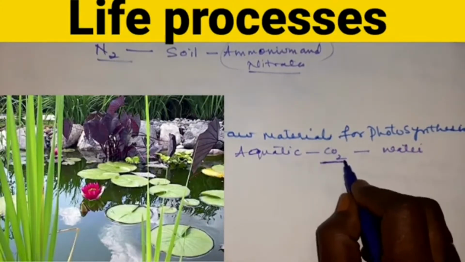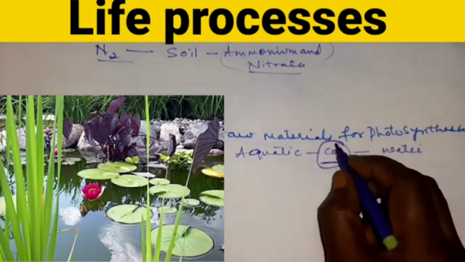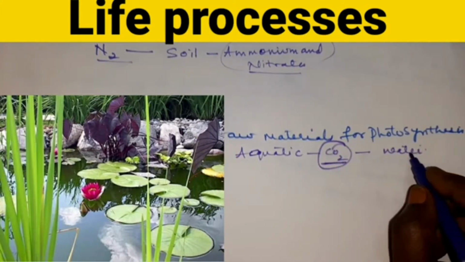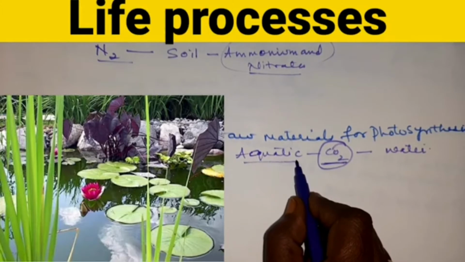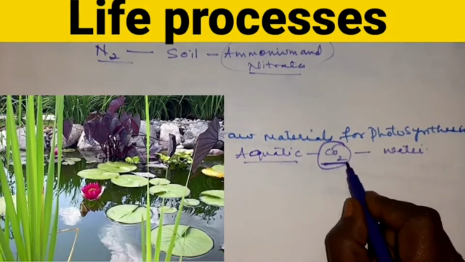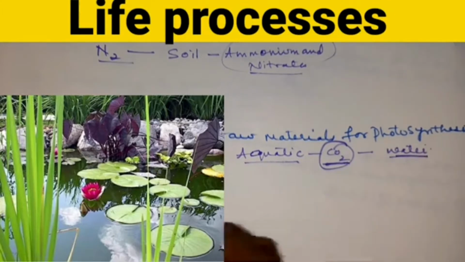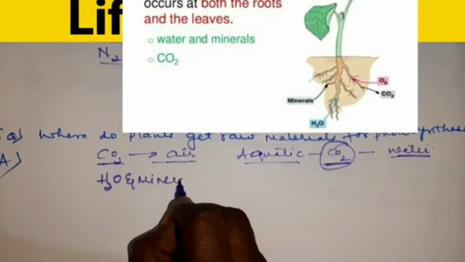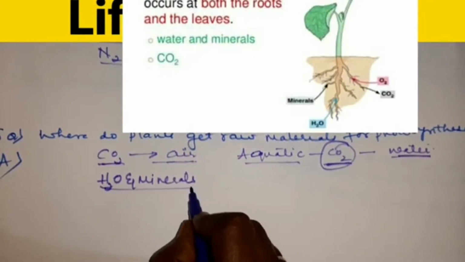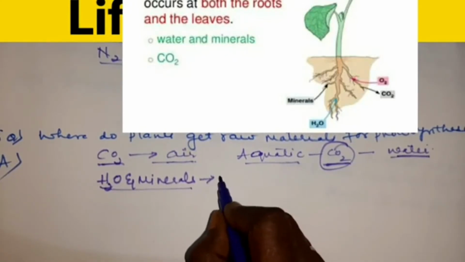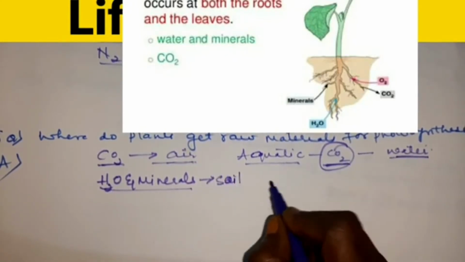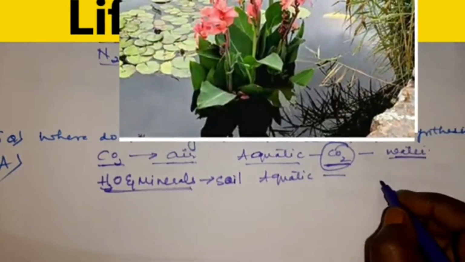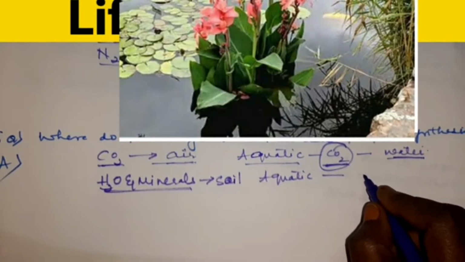Okay students, aquatic plants get carbon dioxide from water. Terrestrial plants get water and mineral salts from soil, and aquatic plants or organisms get water and minerals from the aquatic medium in which they grow.